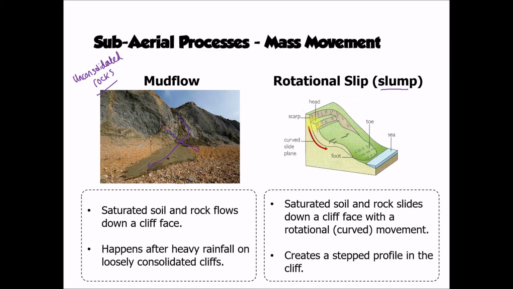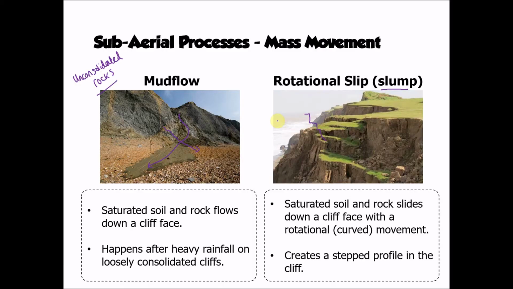So we can see here how that then produces this kind of stepped appearance in the cliff face. We often see this on areas of the coastline like the Holderness coast in Yorkshire, where there are large areas of unconsolidated rocks next to the sea. As they become saturated, they slip into the sea with this curved motion.